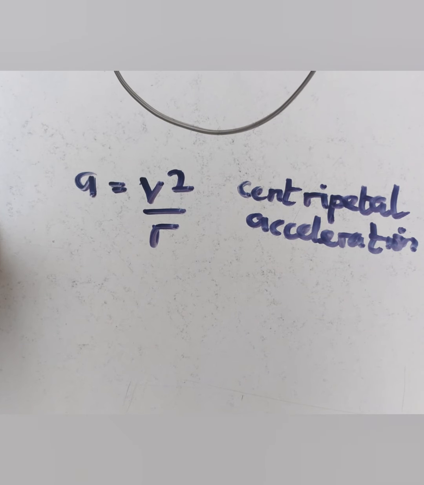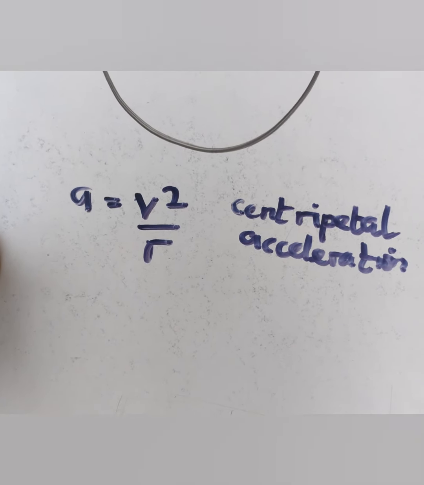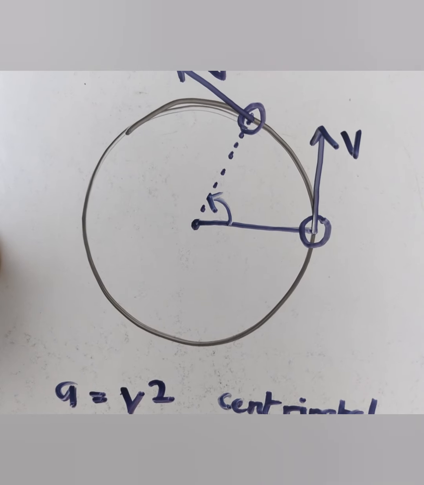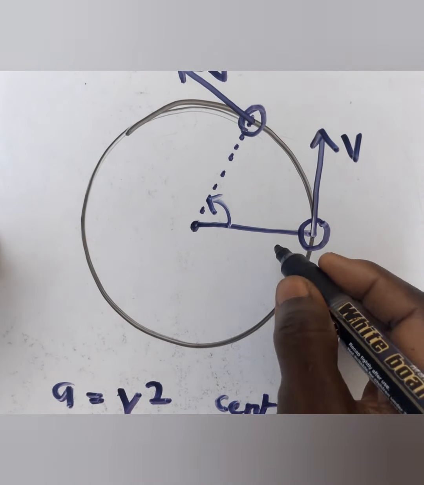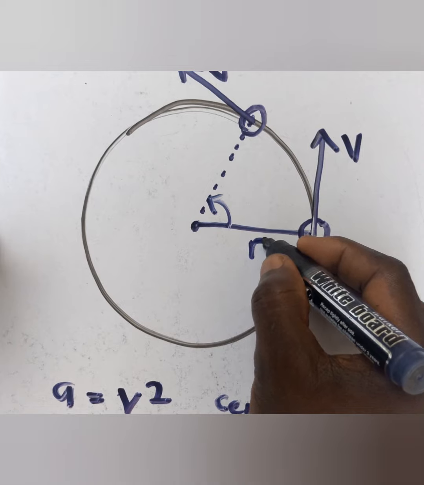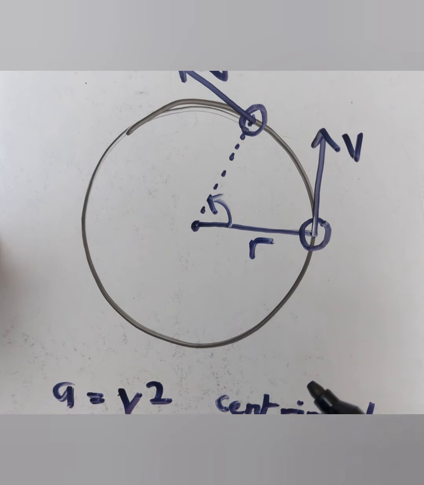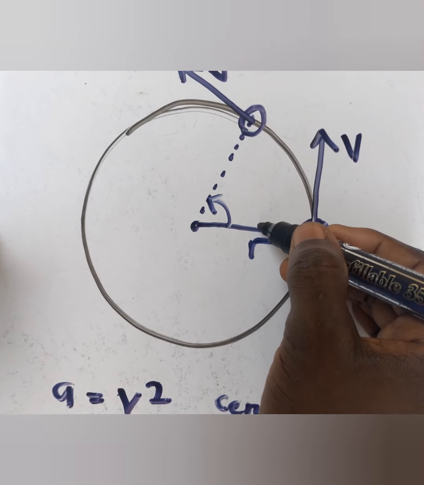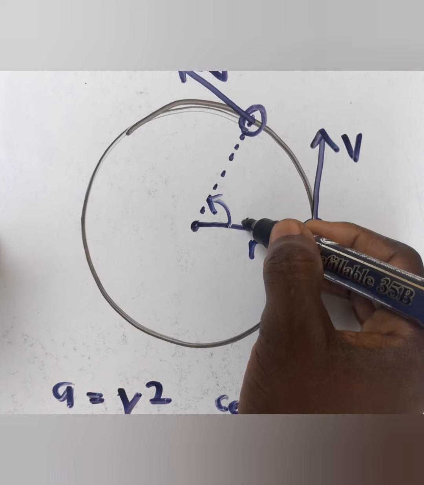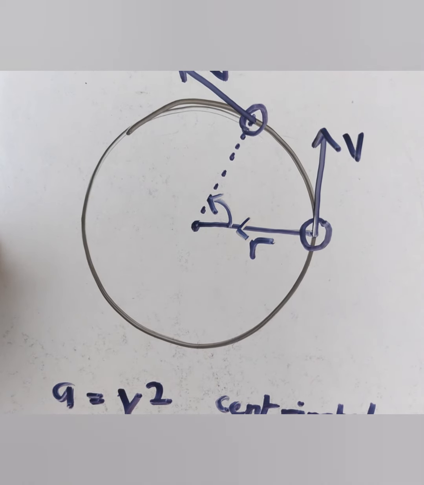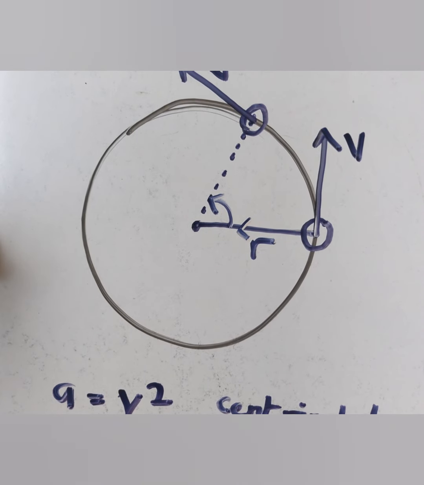In this case, this will be my R, and the direction of A at any point is towards the center of the circular path.